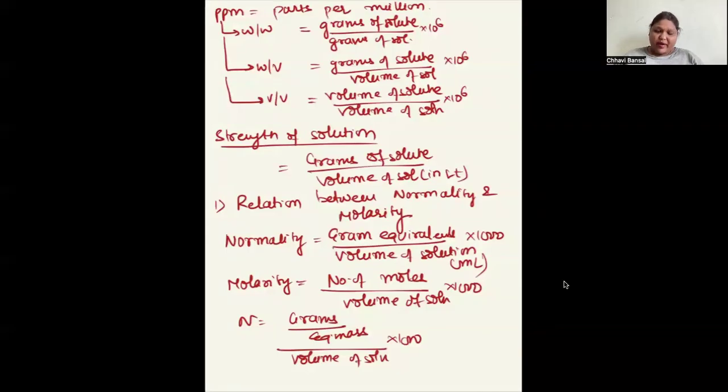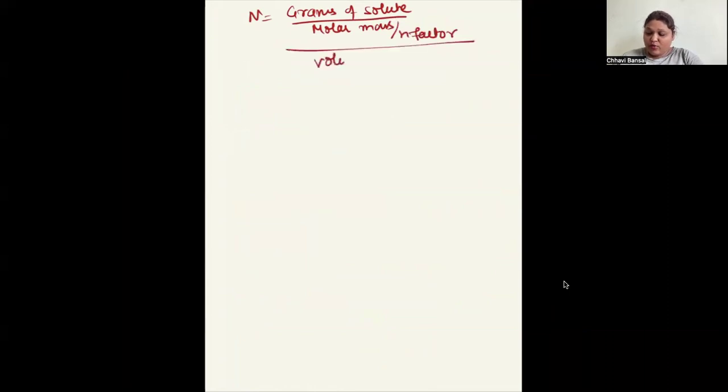Now we can write normality equal to grams of solute divided by equivalent mass. What is equivalent mass? It is molar mass divided by n factor, over the volume of solution in ml multiplied with 1000.